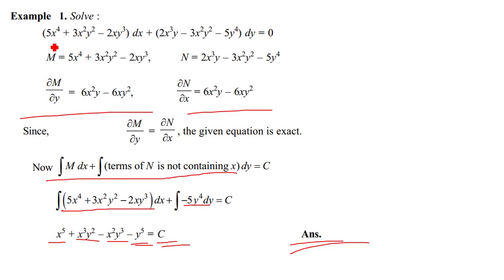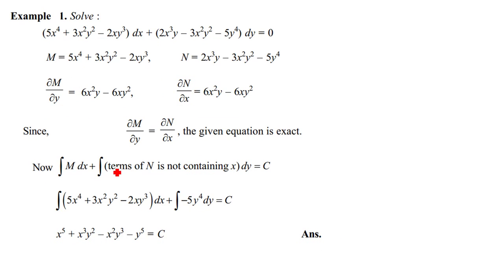You get M, differentiate with respect to y, you get N, differentiate with respect to x, and then see if the partial derivatives that you have are the same. If they are the same, then the equation is exact.